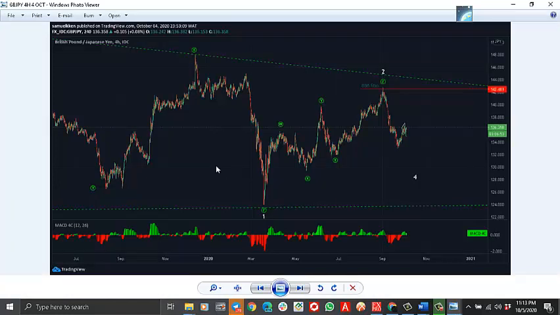In 4 hours, you can see this is a channel. This is 1, 2, 3, but this structure is an impulse. One thing I want people to know about wave structure is that for a market to be valid or tradable, you must not wait to see a perfect Elliott Wave structure.